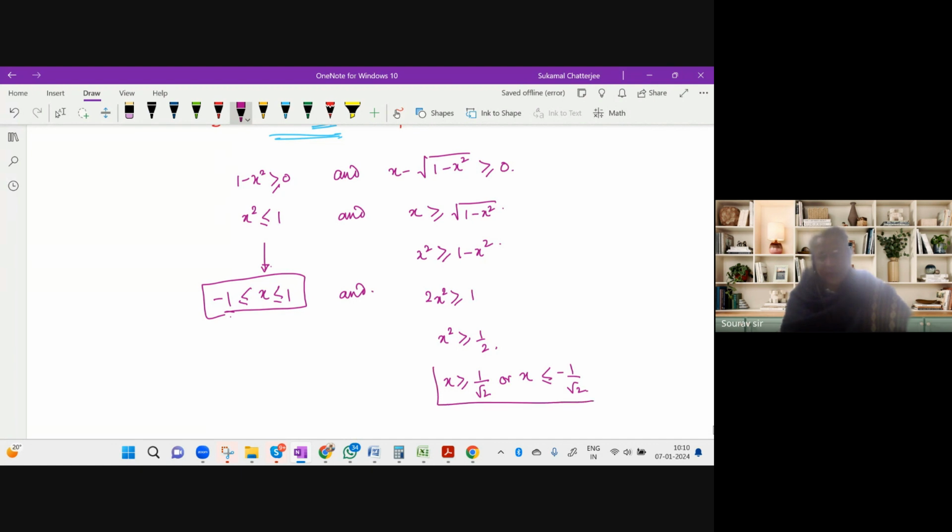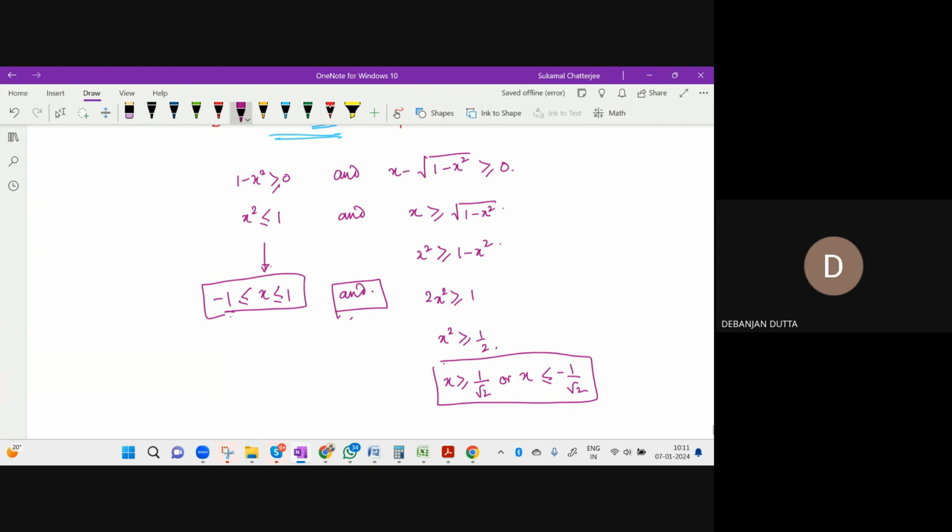So this is your second solution, right? Now you have this and the one in between, so it has to be both. What would be my final solution? So -1 to -1 by root 2, and 1 by root 2 to 1.